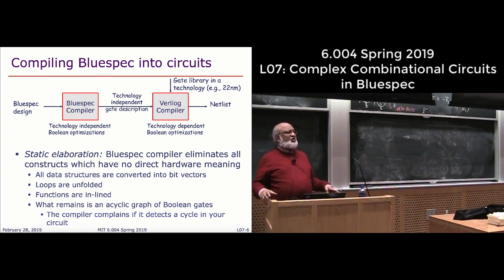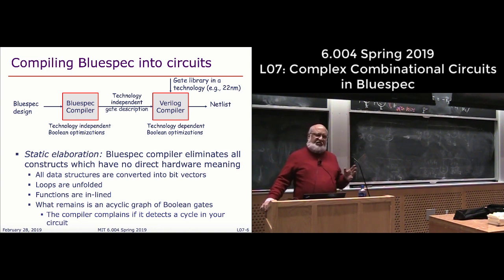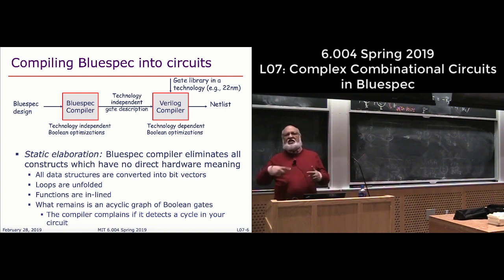All such circuits are illegal. Fortunately for you, the Bluespec compiler will always detect cycles. So it's a very powerful thing that if you made a mistake, you created a cycle inadvertently, it will be caught at compile time.